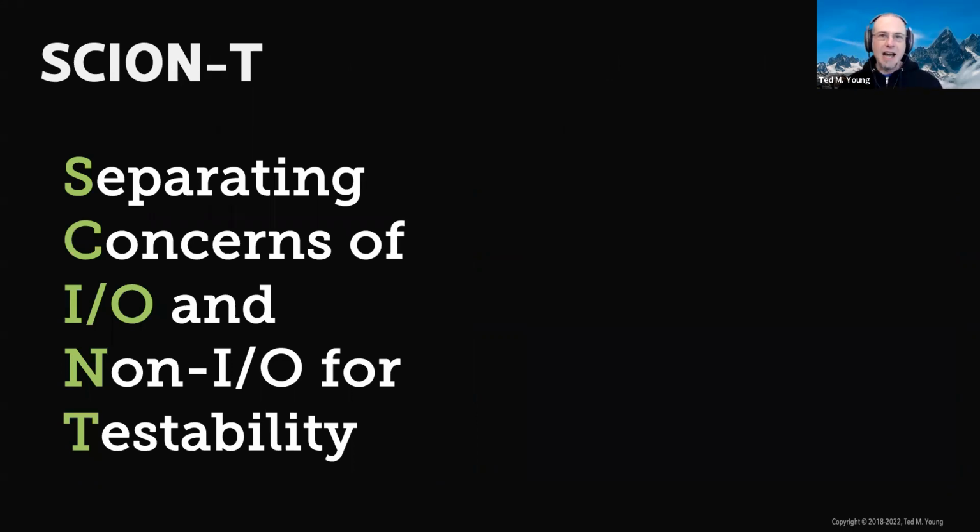Basically, I care about separating concerns of IO and non-IO for testability. So separation of concerns between IO and non-IO. Those are the two kinds of things I care about. Is it IO code? Then I'm going to have to think differently about testing it. Or is it non-IO code, which means it's all in memory, basically running on the CPU or multiple CPUs, in memory in a single process.